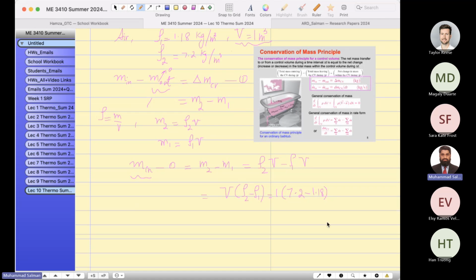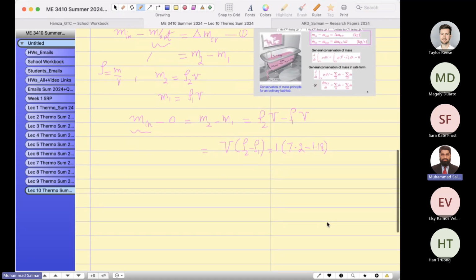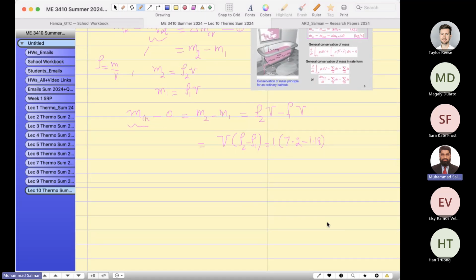So can you help your professor solving this math equation? What is the mass going inside the nitrogen cylinder or air cylinder? 6.02. That's what I have.